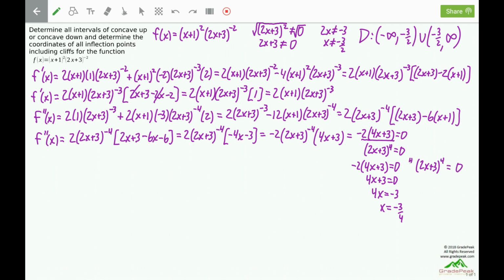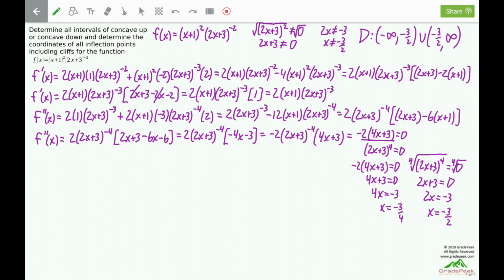We can start by taking the 4th root of both sides, because the 4th root and the 4th power cancel. And the 4th root of 0 is 0. We can subtract 3 from both sides and divide both sides by a 2.